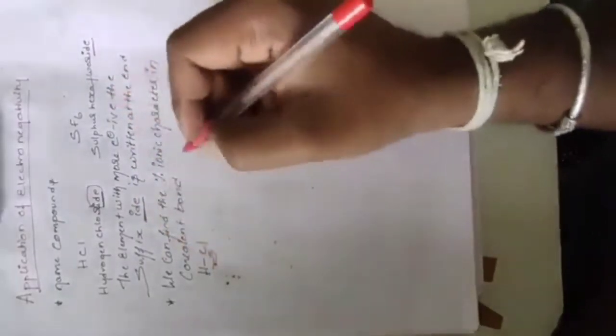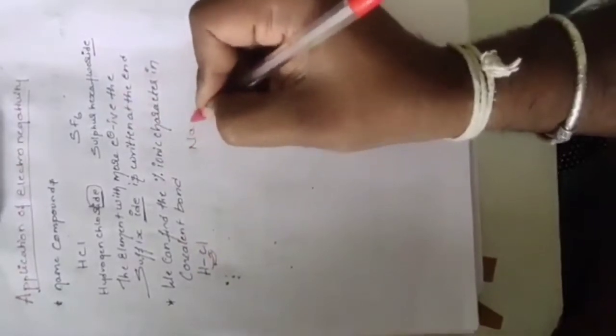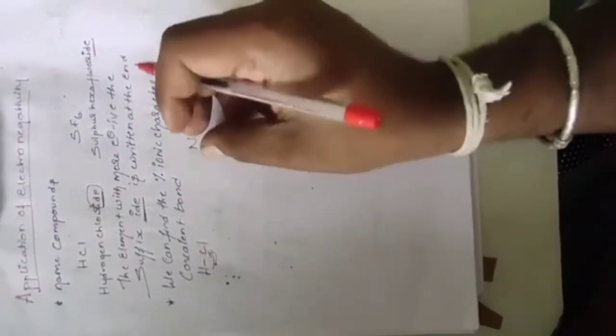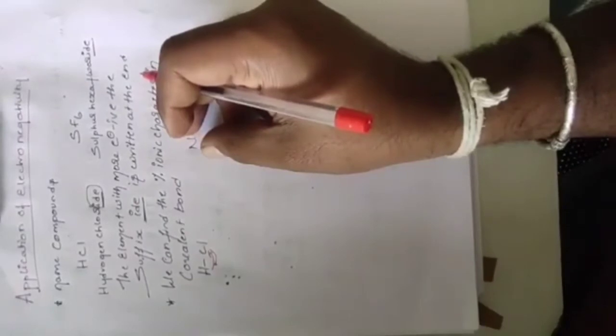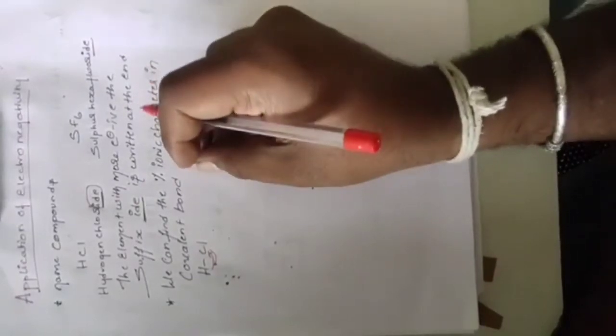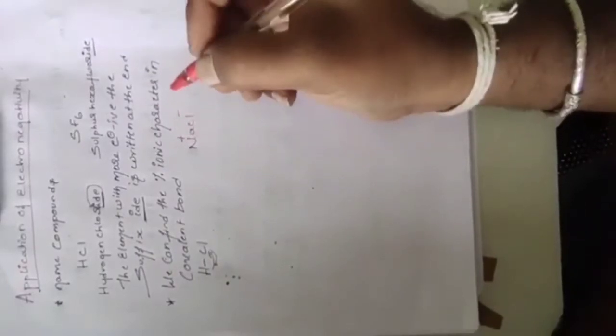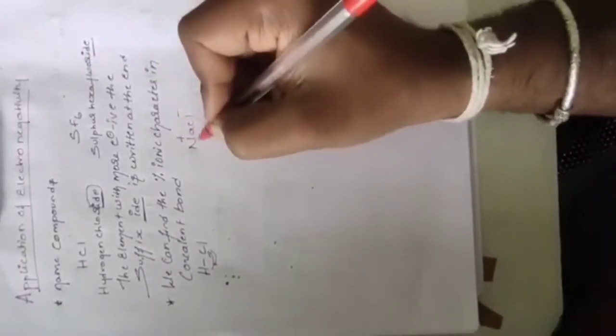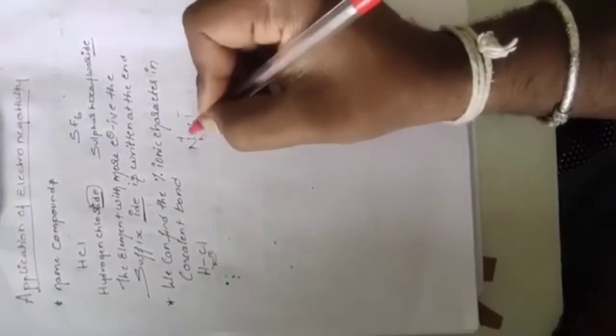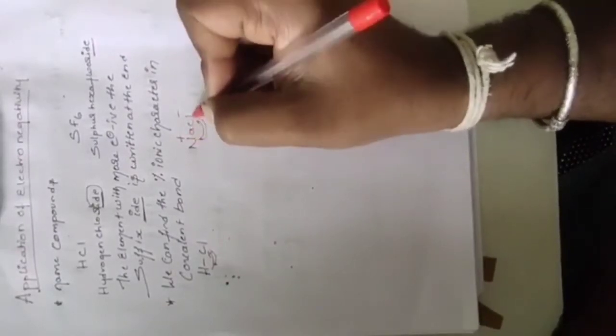You can take another example, NaCl, sodium chloride. It has an ionic bond, transferring of electrons from metal atom to non-metal. You see, it is a metal plus a non-metal. The electrons are transferring from metal to non-metal.